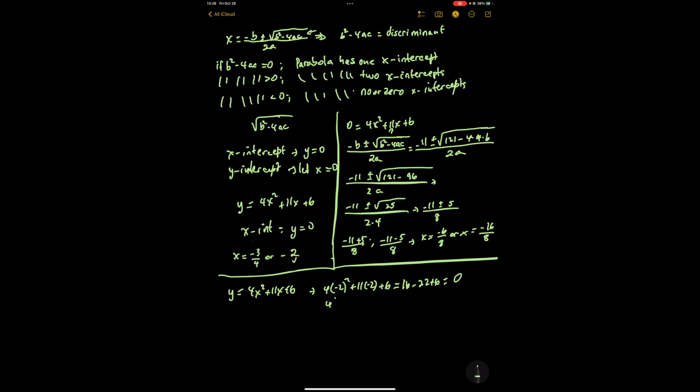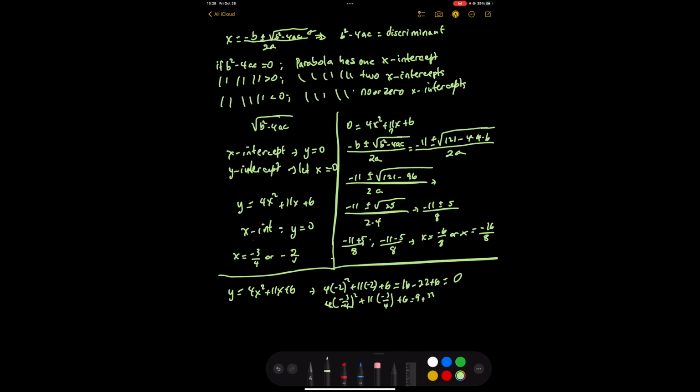And we have 4 times negative 3/4 squared plus 11 times negative 3/4 plus 6. Negative 3 squared is going to be 9. 9 plus 11 times 3 over 4 is 33 over 4.